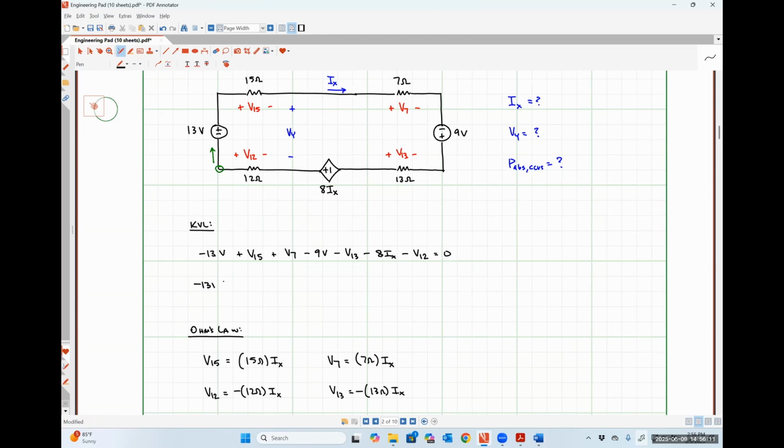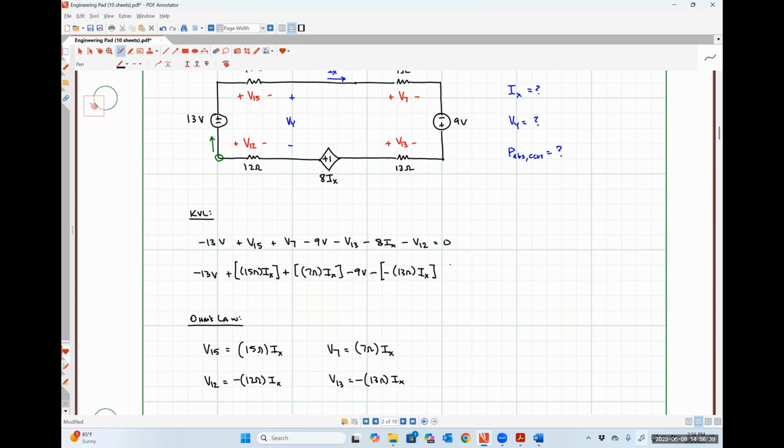So I'm going to have negative 13 volts plus V15, which is just 15 ohms times IX, plus V7, so that's 7 ohms times IX, minus 9 volts, minus V13, so that's minus 13 ohms IX, minus 8 IX, minus V12, where V12 is negative 12 ohms IX. And this is equal to 0.